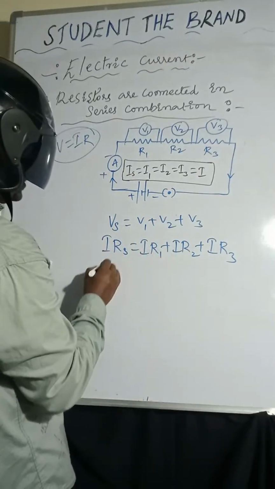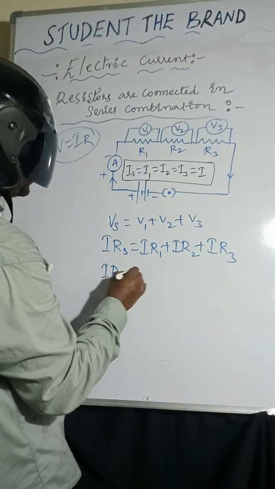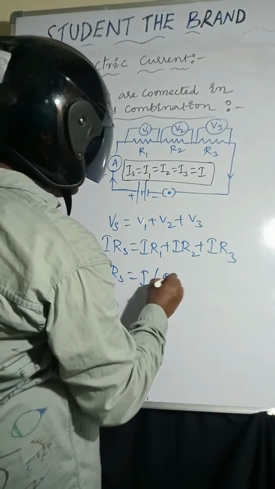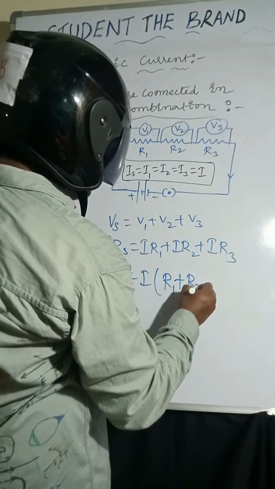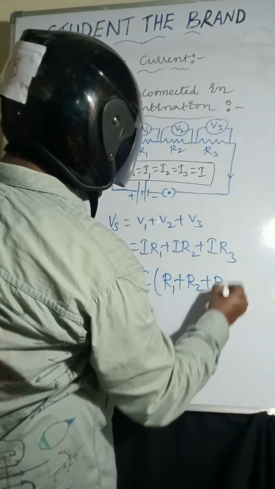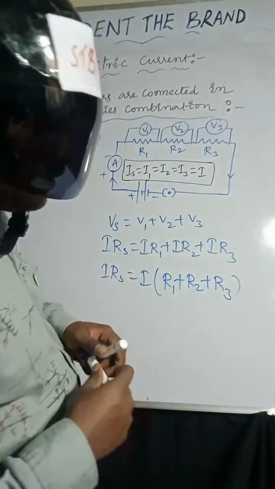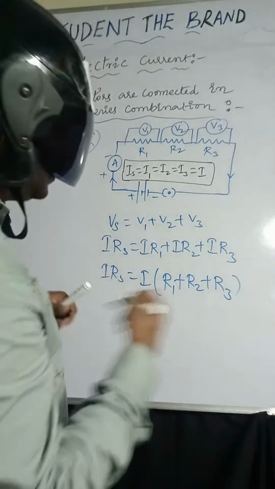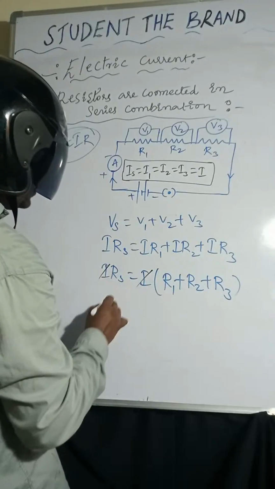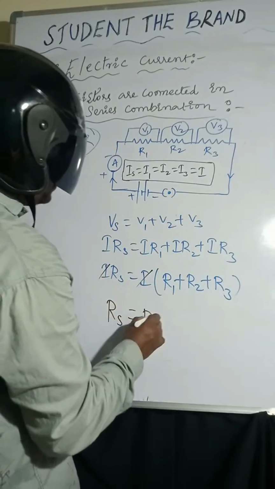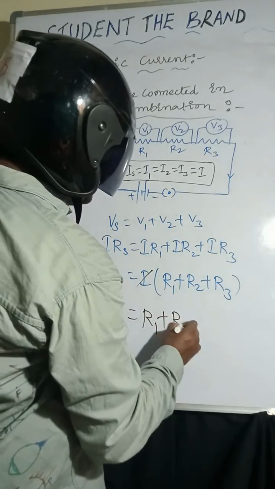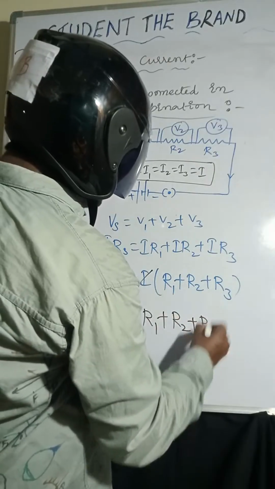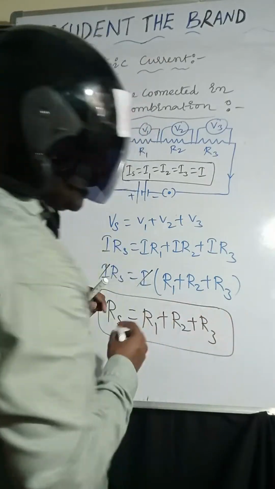IRs equal to I times R1 plus R2 plus R3. So shall I cancel I? I am cancelling. Rs equal to R1 plus R2 plus R3.